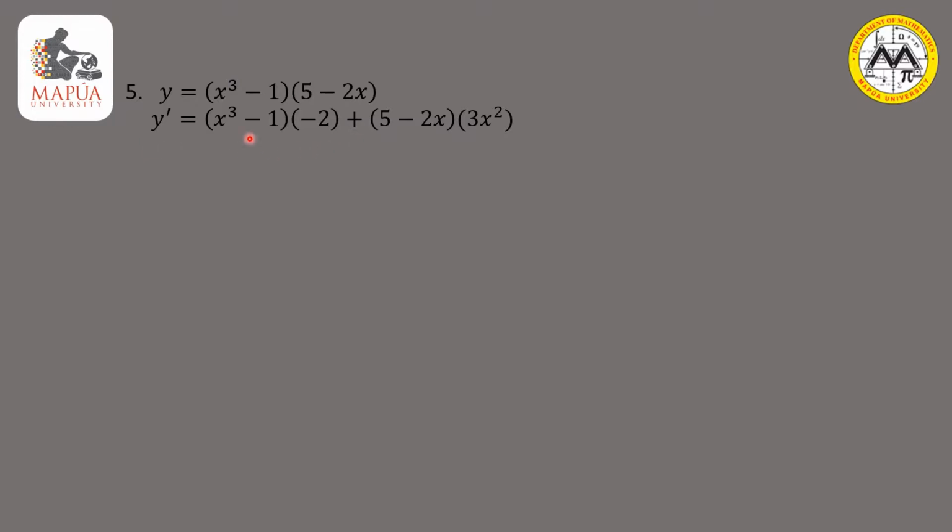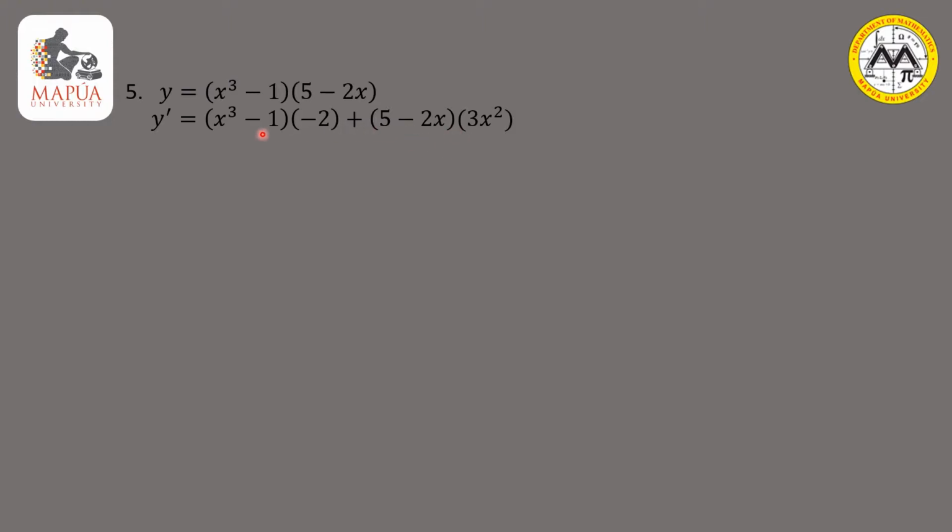The first function, x cubed minus 1, times the derivative of the second factor, 5 minus 2x, which is just a negative 2, plus the other factor, 5 minus 2x, times the derivative of x cubed minus 1, giving us a 3x squared.